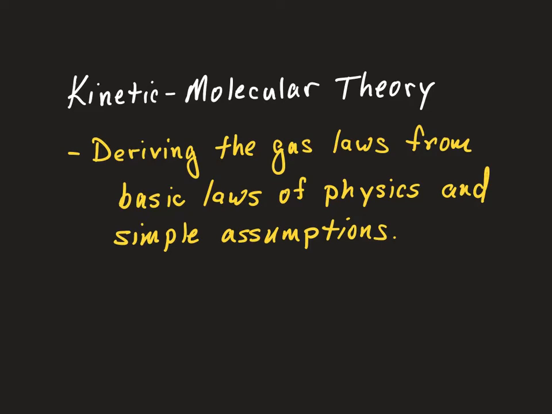This is part of showing that the gas laws that we determined from experiment agree with the laws of physics. One of those basic things that we need to do as part of the scientific method, right? That our laws that we determine empirically agree with our theoretical laws of nature.